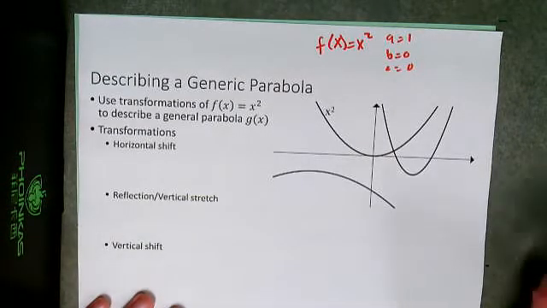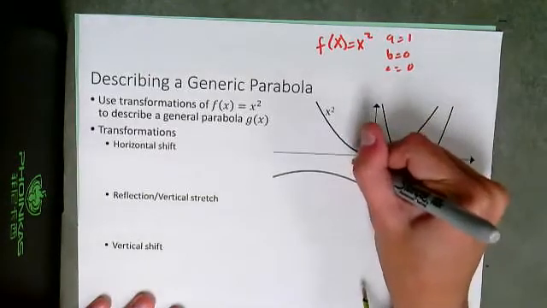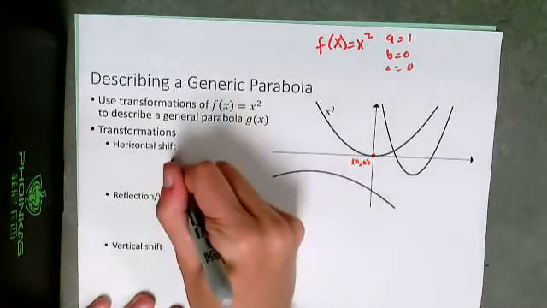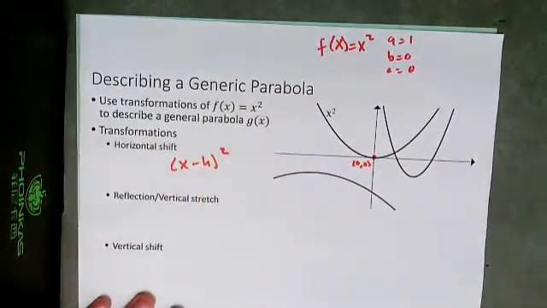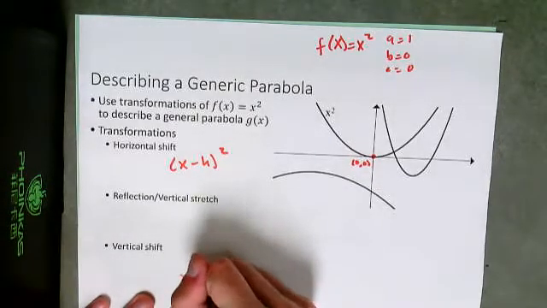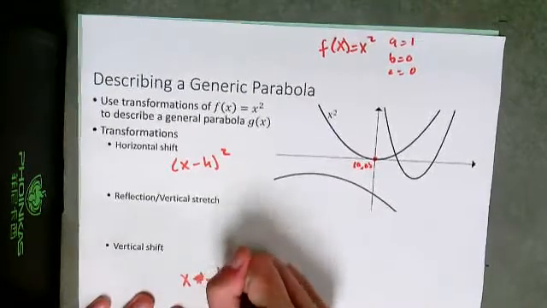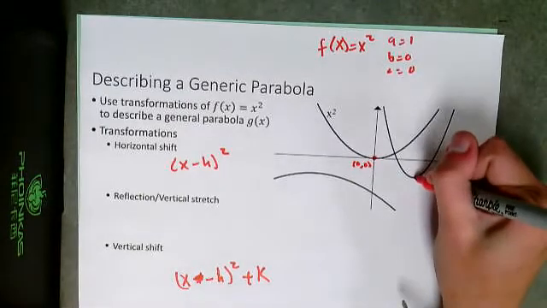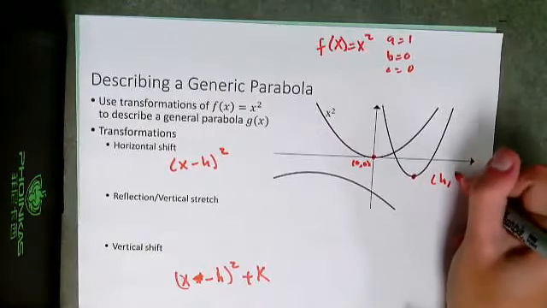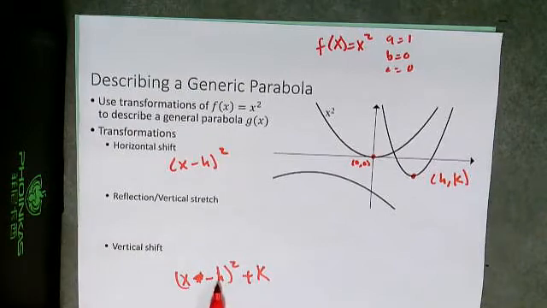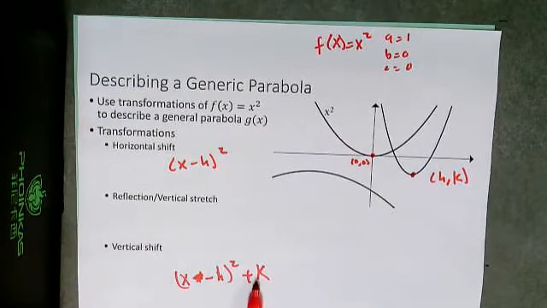Now, let's look at this. This guy has (0, 0) as a vertex. If we do a horizontal shift, that'll look something like this: x minus h squared, right? We're shifting to the right h units. And a vertical shift: x minus h squared plus k. If we do a vertical shift, then that brings us over here, to (h, k), right? So we shift it so far to the right or left, h units, and then so far up or down, k units.